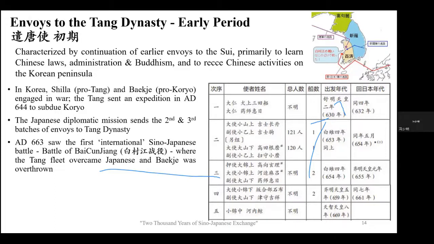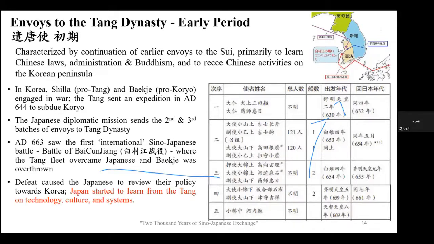And the year 663 actually saw the first international Sino-Japanese battle, the Battle of Baekgang, where the Tang fleet overcame the Japanese, which means the Japanese lost, and the Baekje Empire was overthrown. So this was the first war between the Chinese and the Japanese under the Tang dynasty.